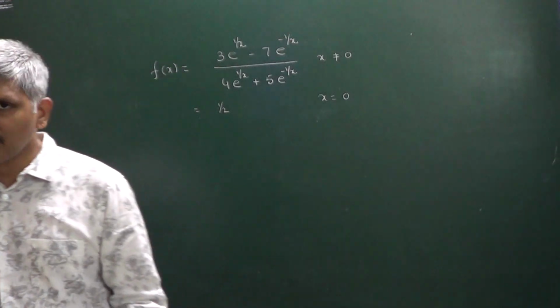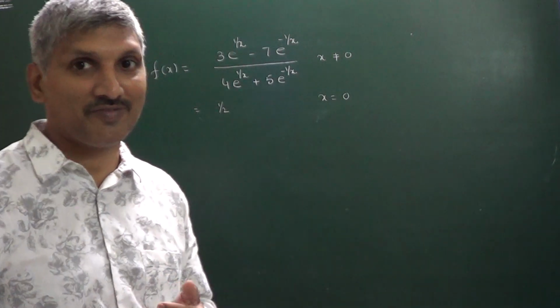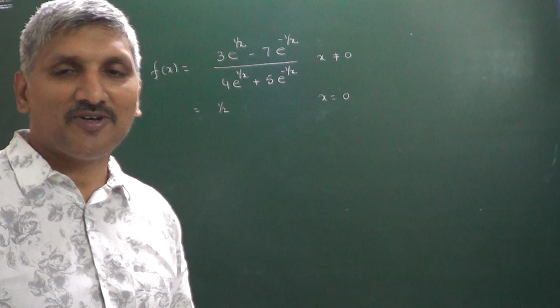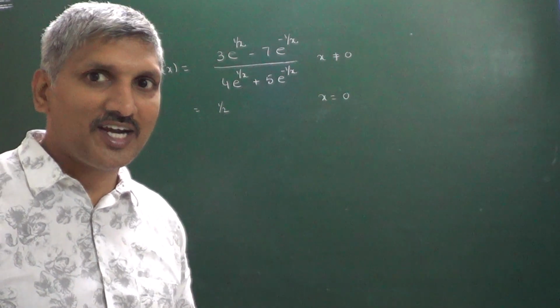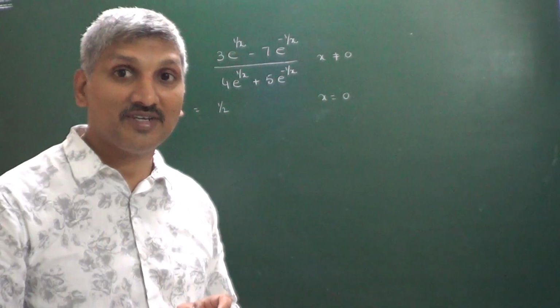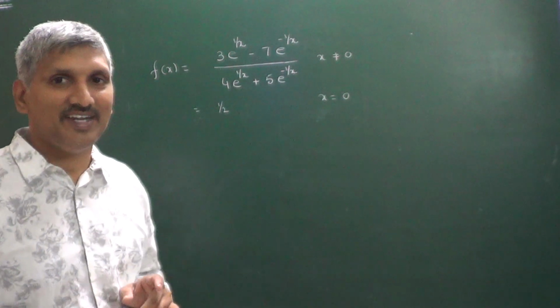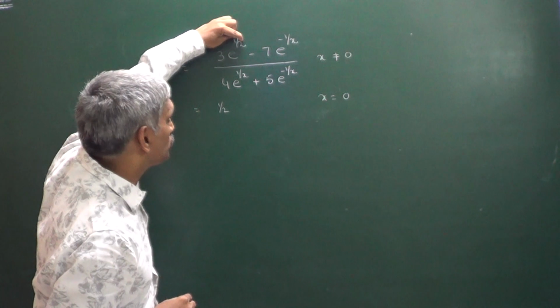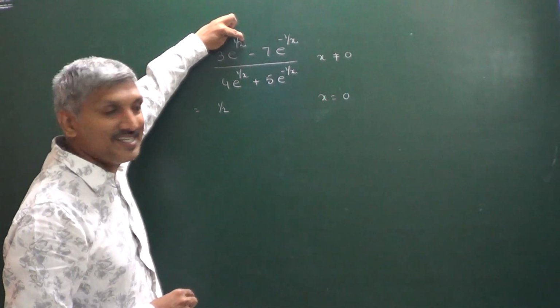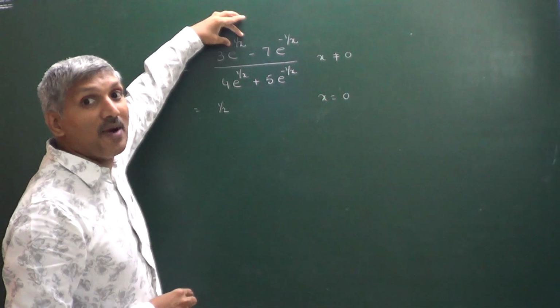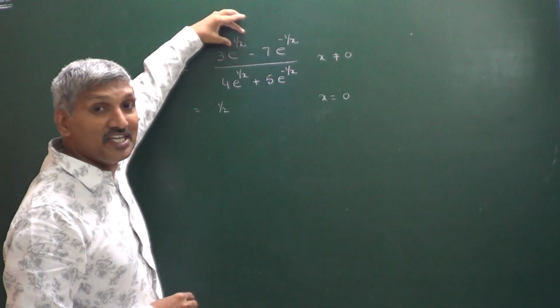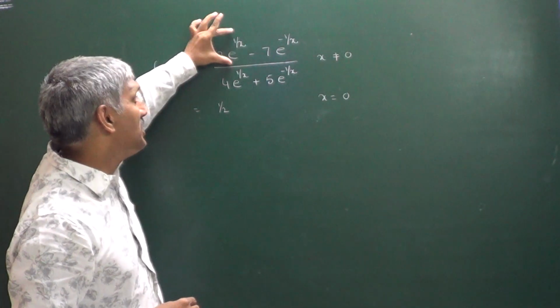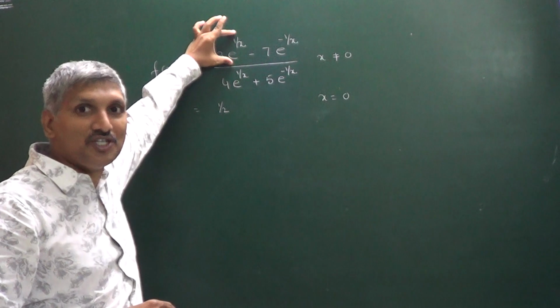Right? So here a small confusion will arise. Sir, x not equal to 0 is there. Is it required to find left hand limit, right hand limit? Yes, here it is required. Why? Because when x is approaching 0 minus, it is approaching minus infinity. When it is approaching minus infinity, this total value is tending to 0.